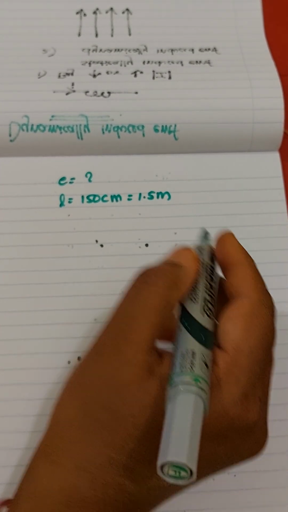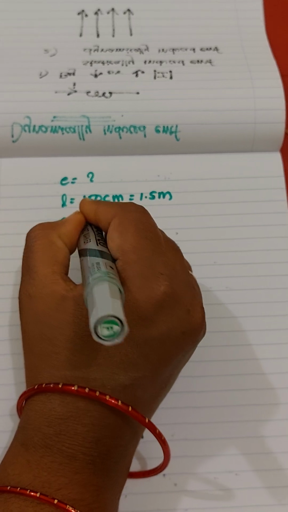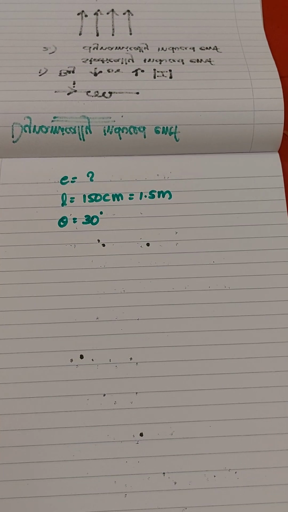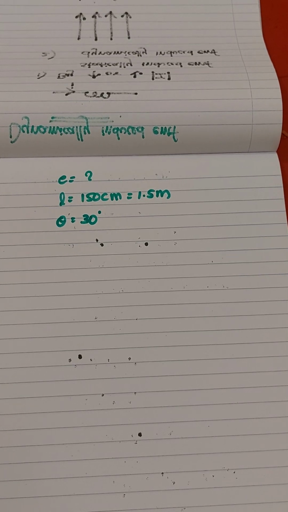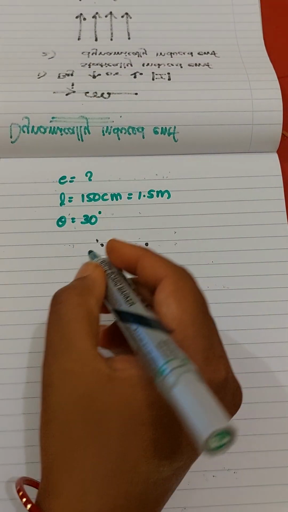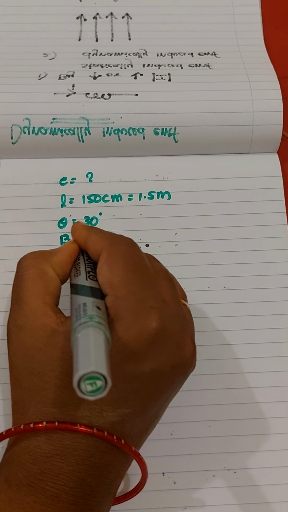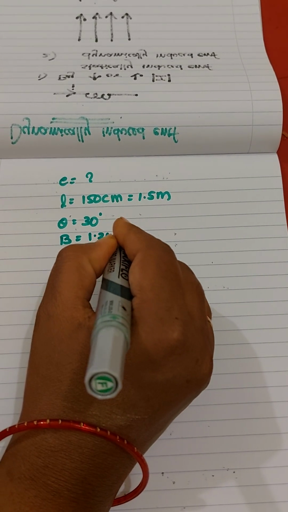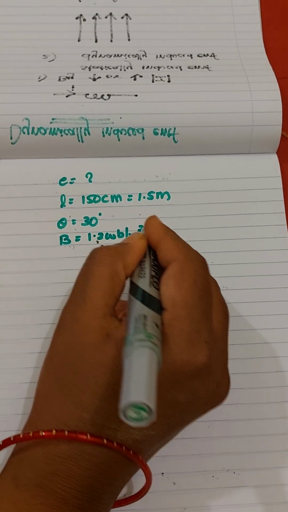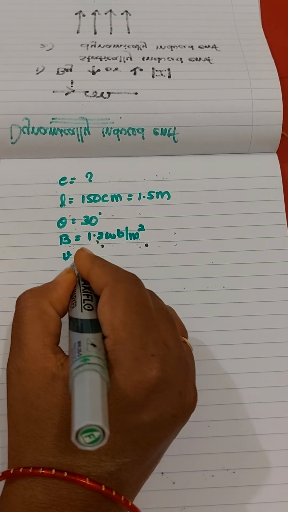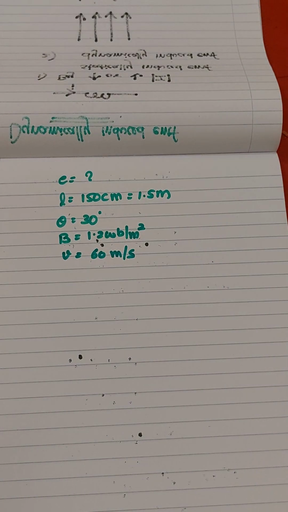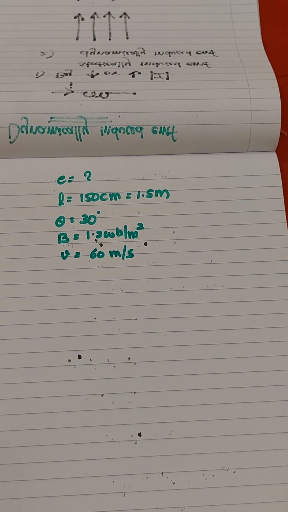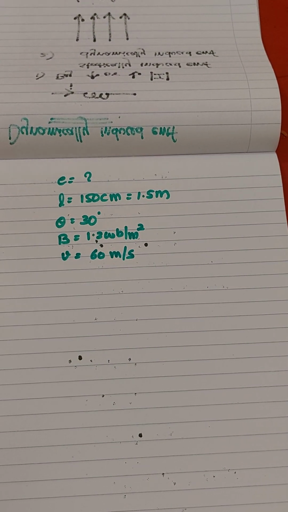Moving at an angle of 30 degrees to the direction of a uniform magnetic field of flux density 1.2 Webers per meter square, with a velocity of 60 meters per second. So length is given, angle is given, flux density is given and velocity is also given.